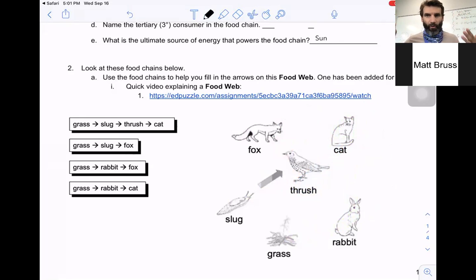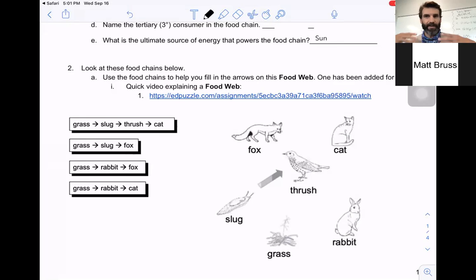So then what we did is we said, okay, ecosystems sometimes have multiple food chains in them. That's because there are maybe a couple of different animals that live at the primary consumer level, or something eats more than one thing. A primary consumer might eat more than one producer. And how, as scientists, can we communicate with each other about the complexity of this ecosystem?